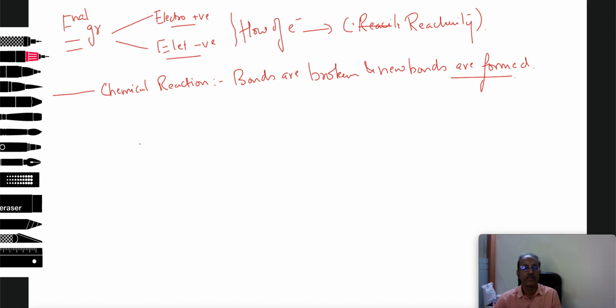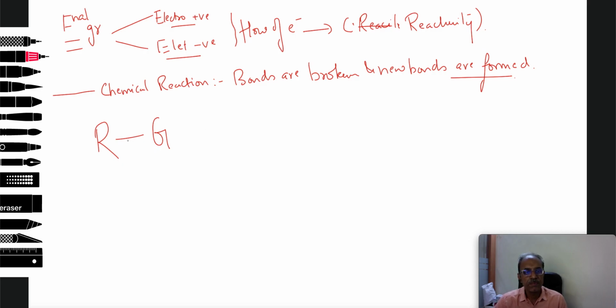Fine. Now, this breaking of bonds, take for example, this is R, this is G. Now we'll take two cases.